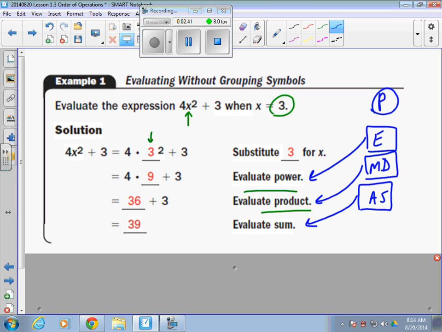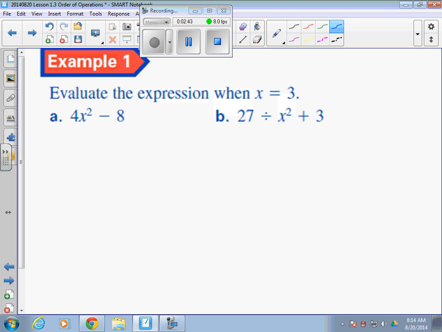Okay, on the back of the sheet or in the margin, copy this problem down here. There's 2 of them, and work those 2 problems.